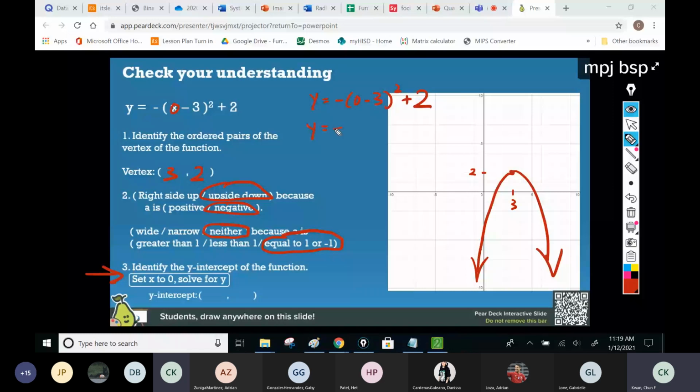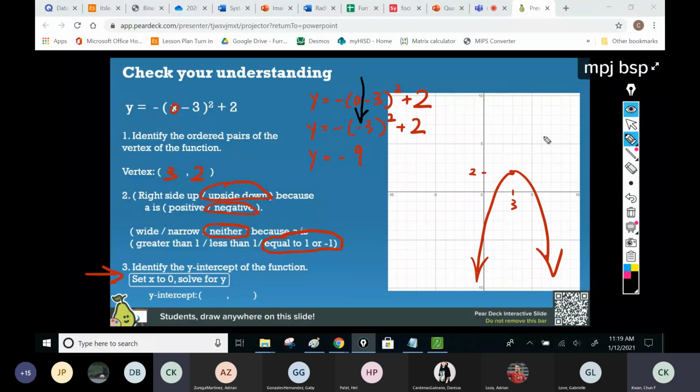That means take care of the parentheses first. 0 minus 3 is -3. Then take care of the square: -3 squared, you will get +9. I think some of you forgot about squaring the negative sign.